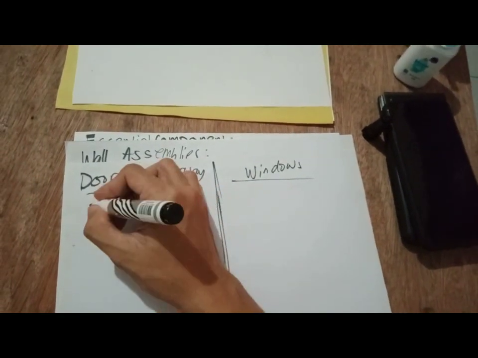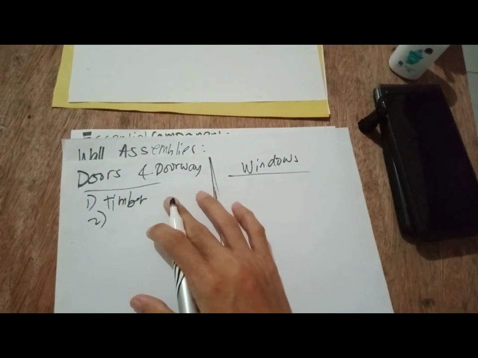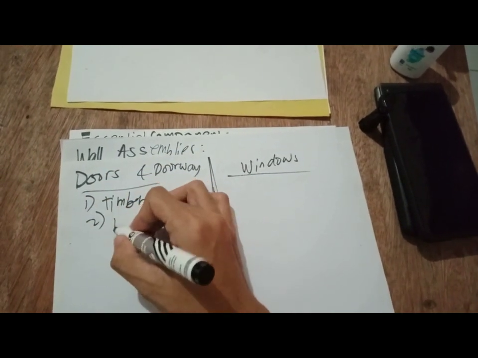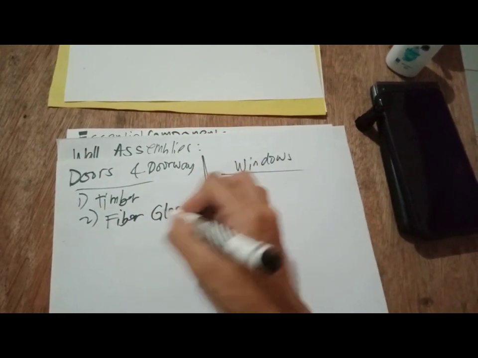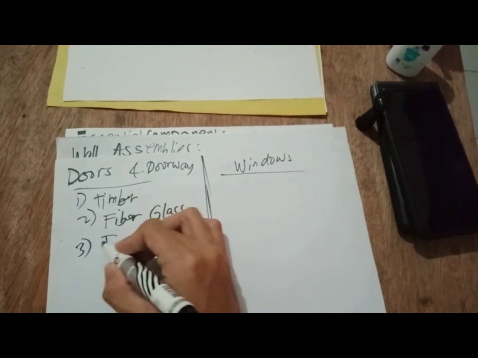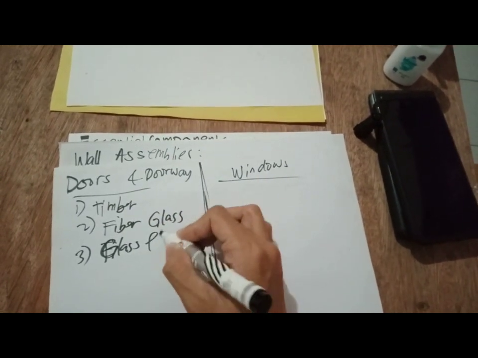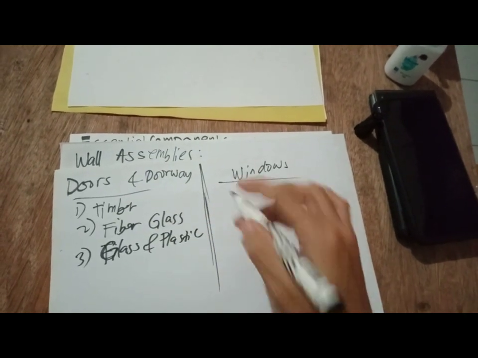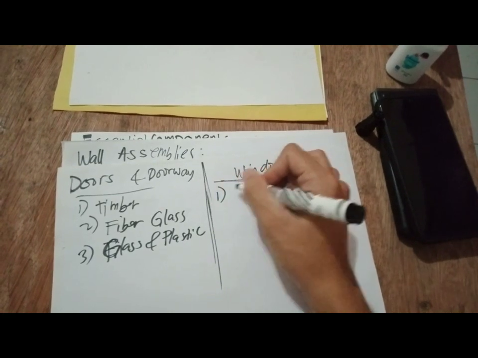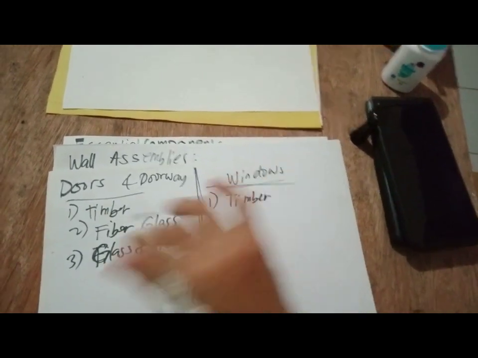The doors and doorways use timber. Others also use fiberglass doors, and others a combination of glass and plastic. And windows, some also use timber, so very common talaga yung dalawa.